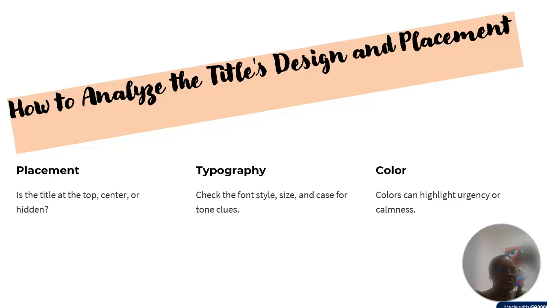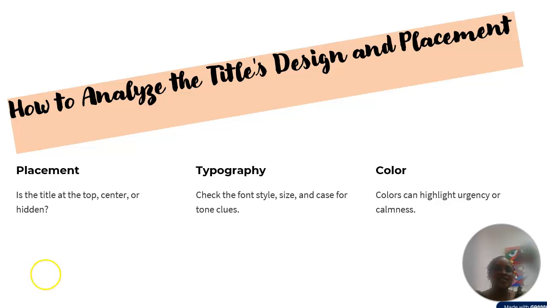And then also consider color. Certain colors are used to grab attention. For example, colors such as red suggest urgency, or black and white create contrast and suggest seriousness. So consider the placement, the typography, and color.